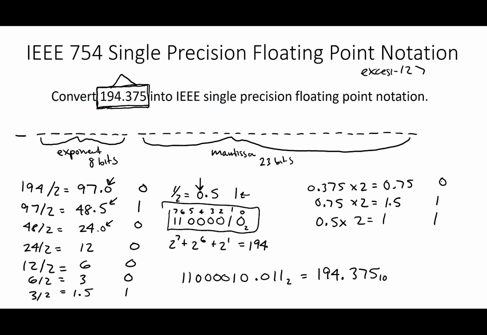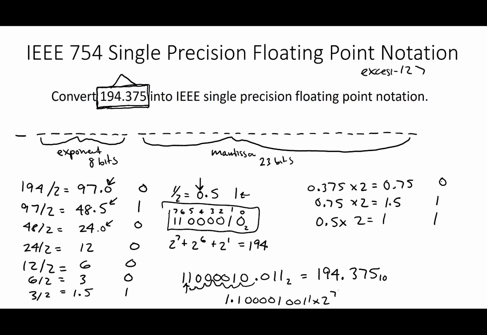Now we have our binary number, and we need to put it in scientific notation. We're going to do that by moving the decimal to here. So that is 1, 2, 3, 4, 5, 6, 7. So 1.1000010011 times 2 to the 7th.